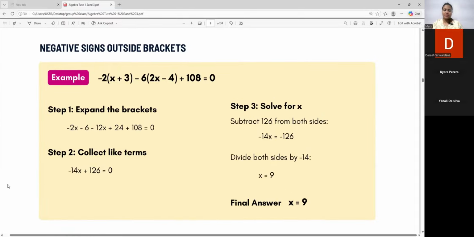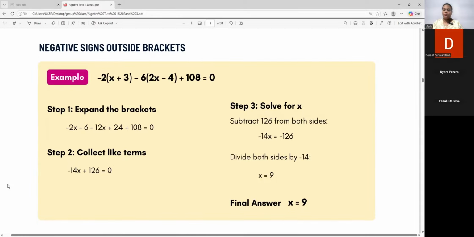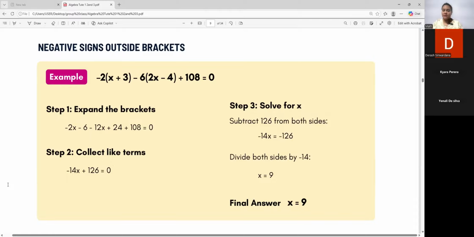Then the second bracket, also remove with minus 6. Minus 6 times 2x is minus 12x. Minus 6 times minus 4: minus times minus becomes plus, 6 times 4 is 24. Then the same method: collect all the like terms and move all x terms into one side, numbers to the other side. Find the answer for x.